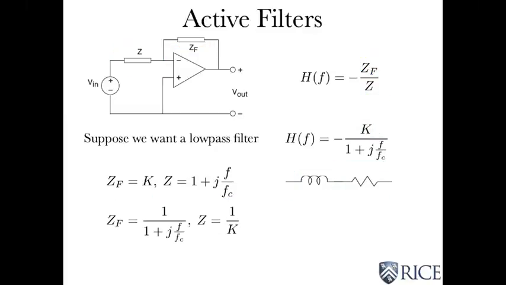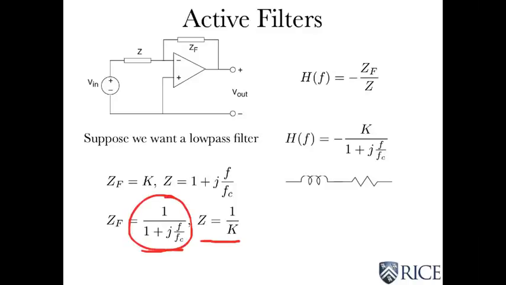How about this suggestion? Suppose the feedback had this for impedance, and suppose the input impedance was 1 over k. Well, that means it's a resistor, the value 1 over k. And the question is, how do you interpret this thing?